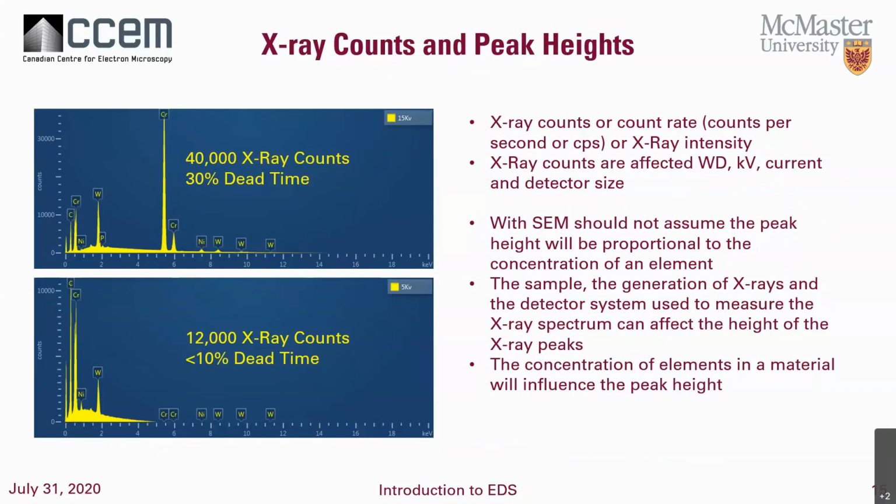So there are a range of detector sizes. In something like a tabletop SEM, you might have a quite small detector. There are now quite large detectors available. And some systems, like the one that we're using for a lot of these examples, actually have two 80 millimeter squared detectors.